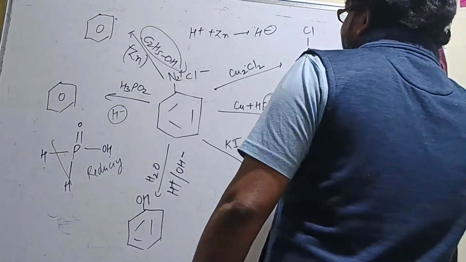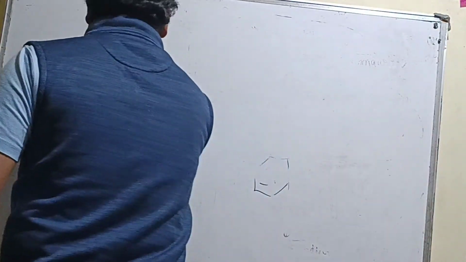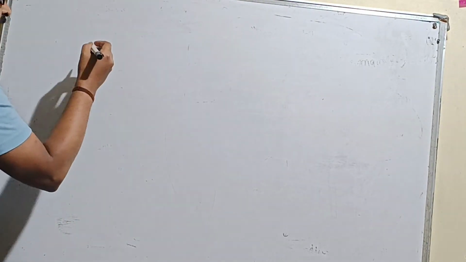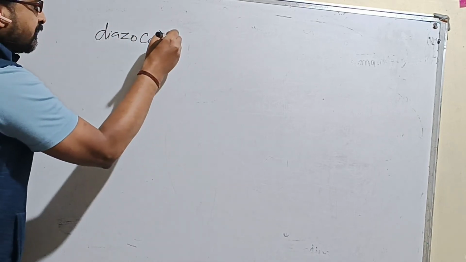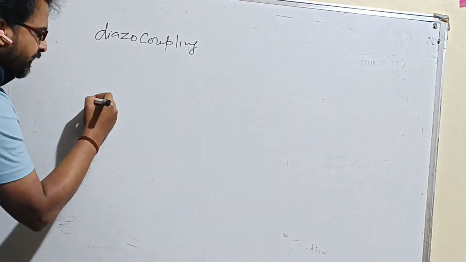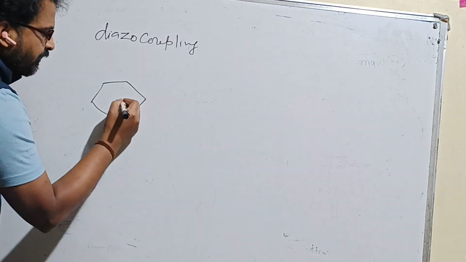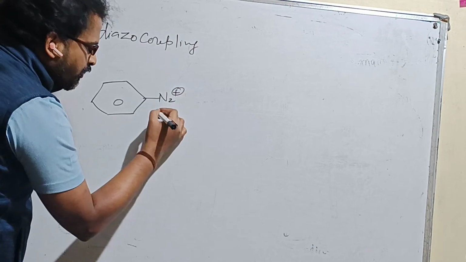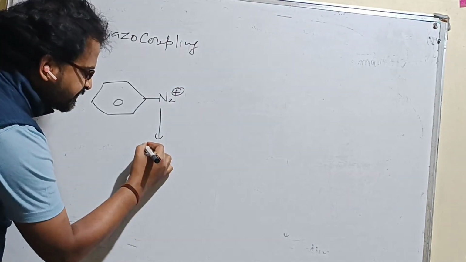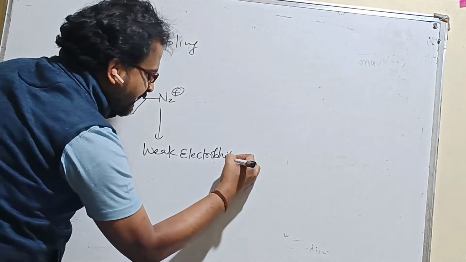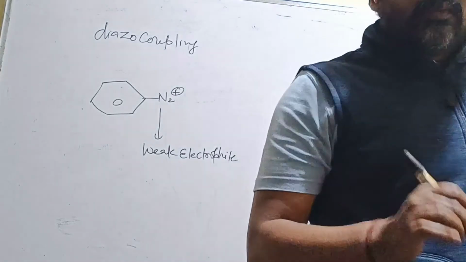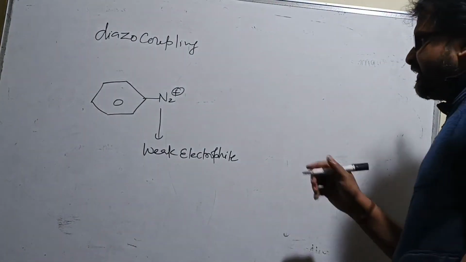We will go to a very important reaction known as diazo coupling. In recent years questions have been asked in JEE Mains, Advanced as well as NEET on diazo coupling. The diazonium salt also has the capability of acting as a weak electrophile. A weak electrophile will attack a benzene ring only in the presence of a strongly activating group.